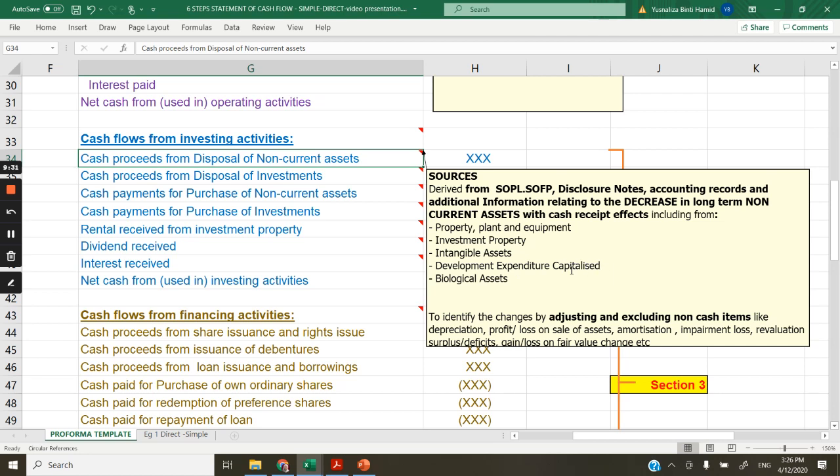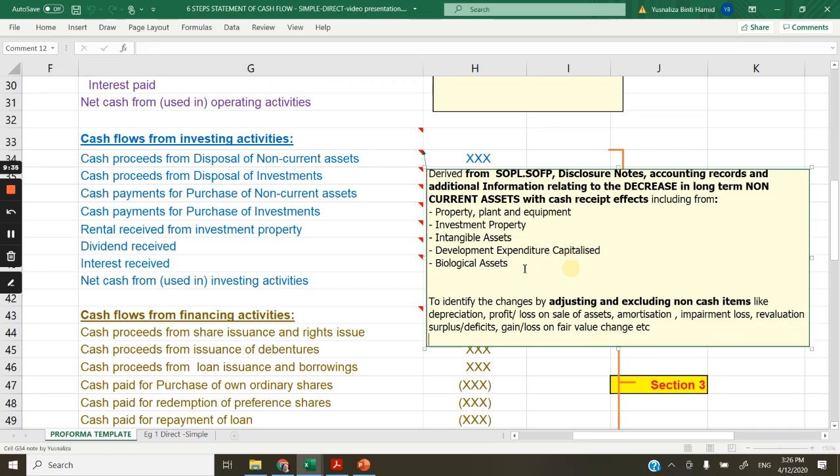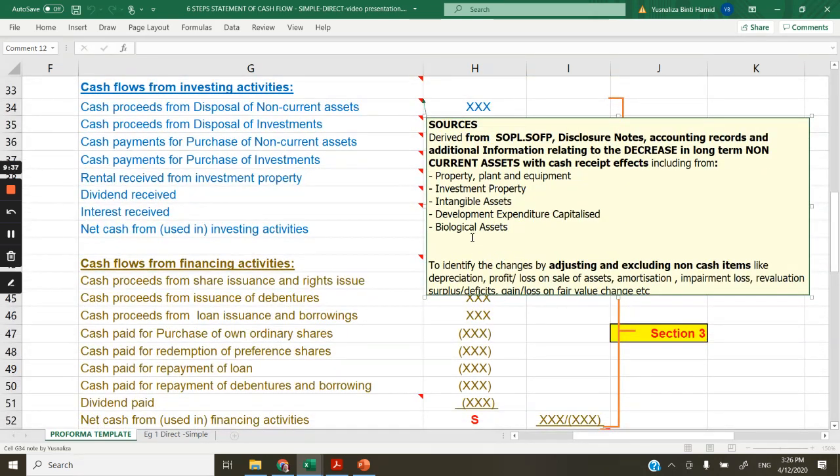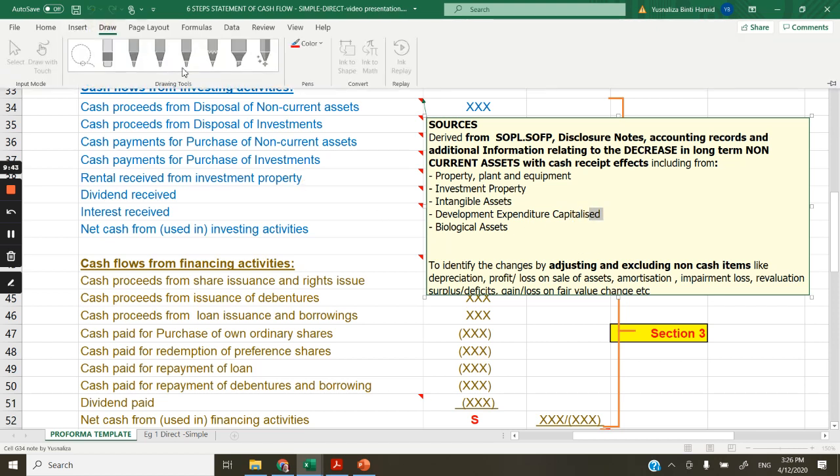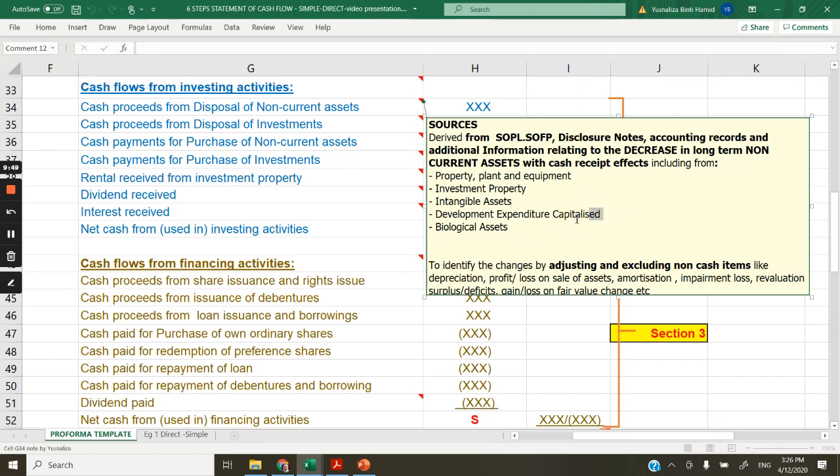And also on the development expenditure, that maybe you decide that you are going to not capitalize here. This one is development expenditure that you need to do some correction here. Development expenditure that you are going to de-recognize.